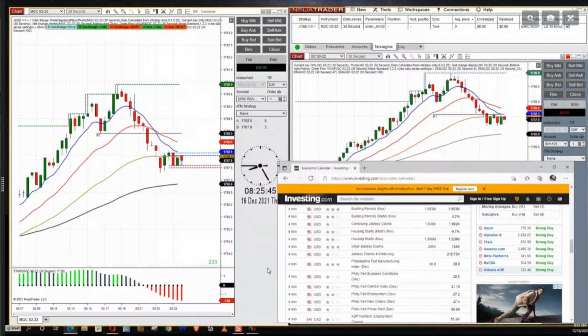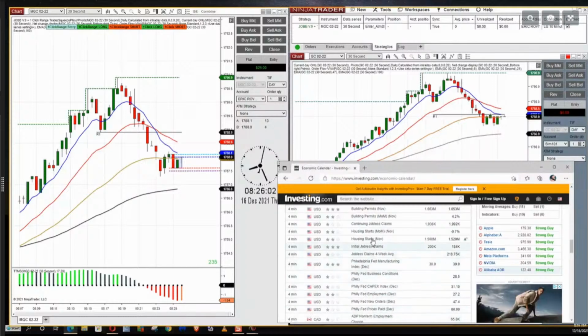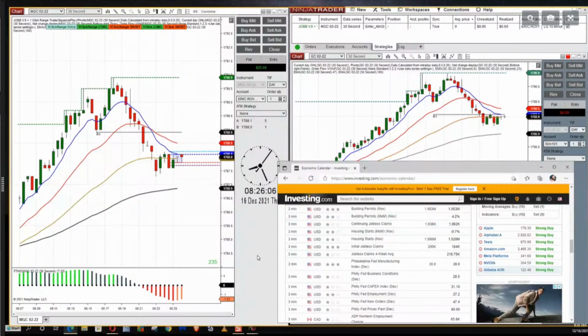So I'm willing to take a long on gold, and I'm trading micro gold. I'm willing to take a long if the bulk of the news results are negative, okay? Because that generally would push gold in the upward direction.